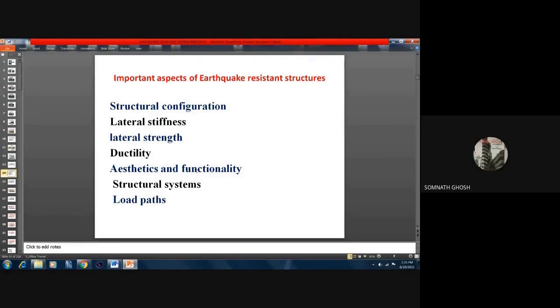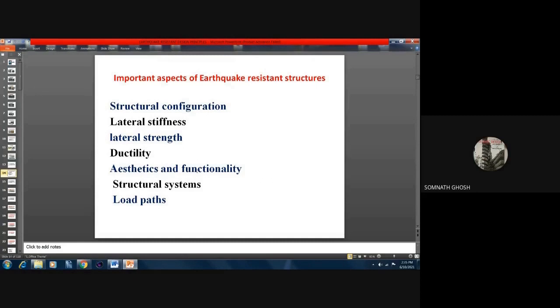But whenever you are doing all these things, you can't deny aesthetics. You can't deny the functionality of the building, because that is totally a subject of architects.